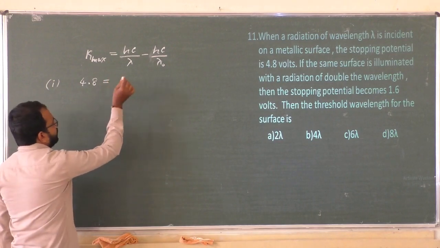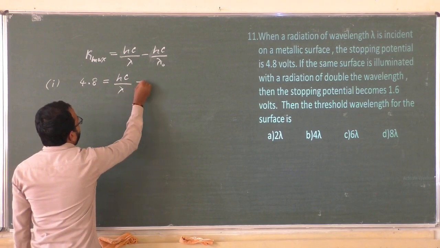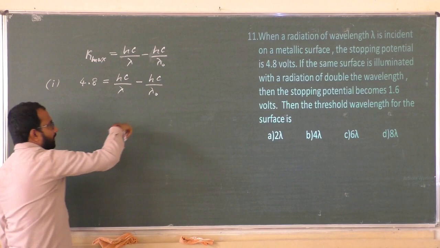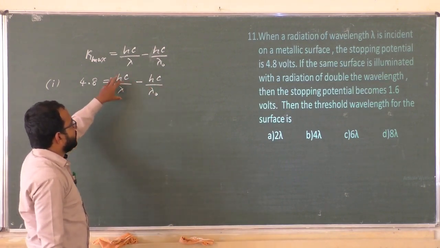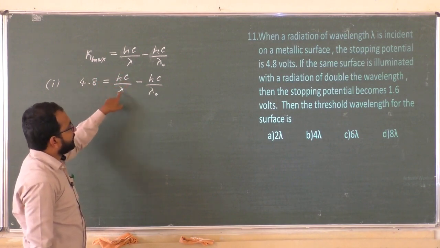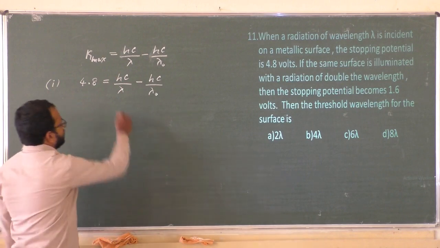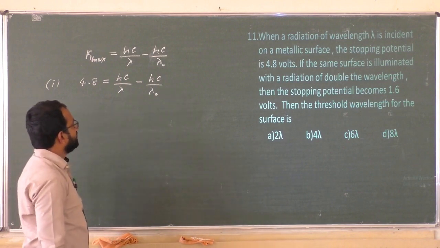So this is equal to hc by lambda minus hc by lambda naught, or you can express in terms of electron volt, 12,400 divided by lambda, which is in terms of angstrom. So hc by lambda minus hc by lambda naught. Right.